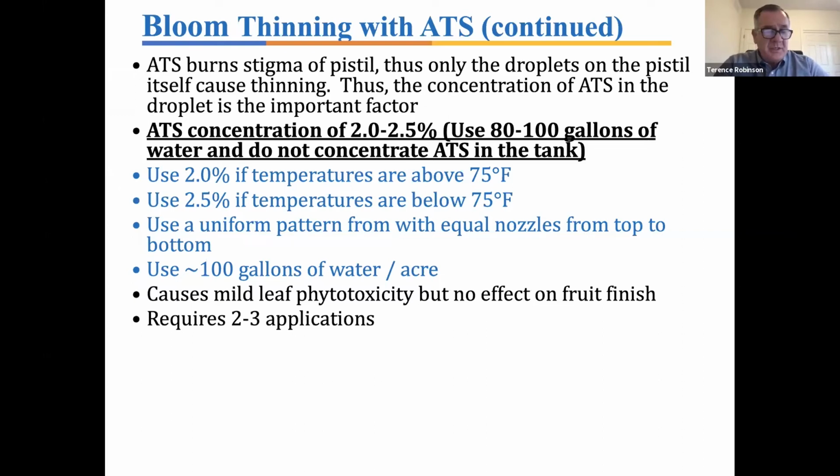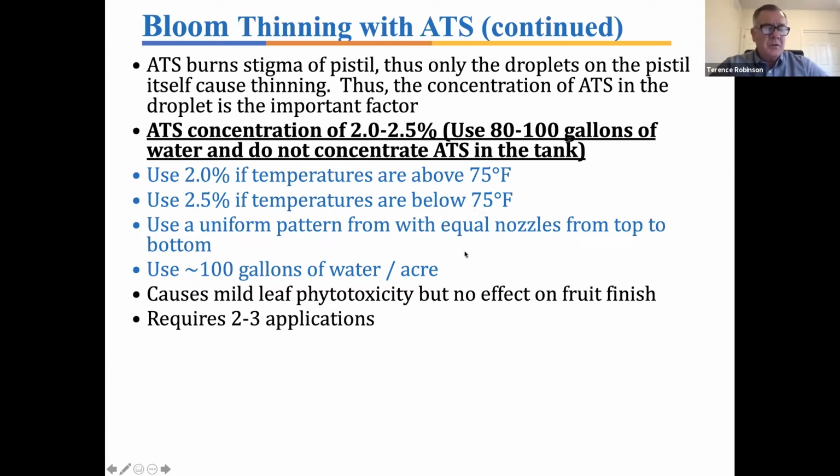Now, my suggestion, which I said last week, and I'll repeat, if we have relatively cool temperatures, I like the higher rate. So if temperatures are warm, above 75, use the lower of the two rates. I don't think this year we're going to have warm temperatures. I think it's all going to be cool. So when temperatures are below 75 for that day and the next day, use the higher rate of 2.5%.